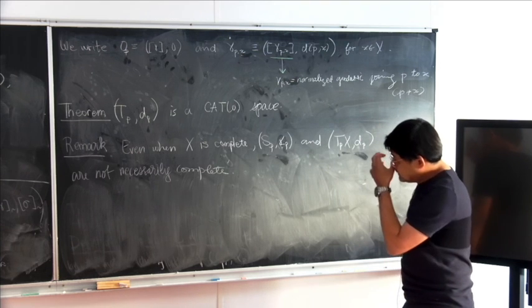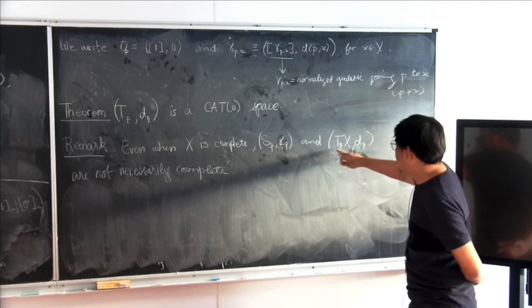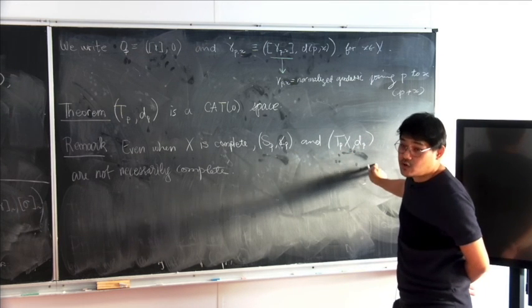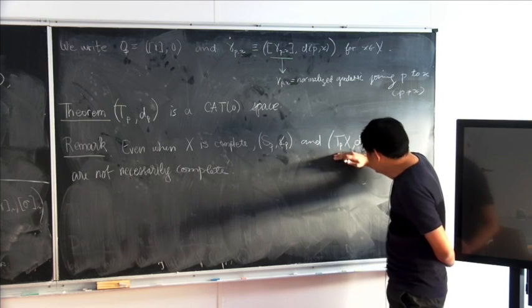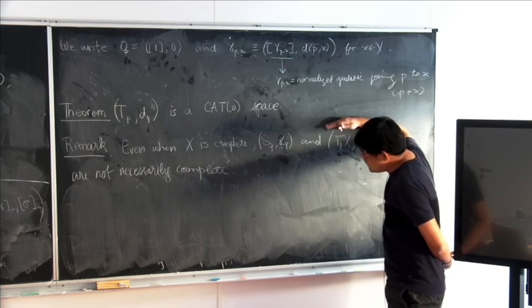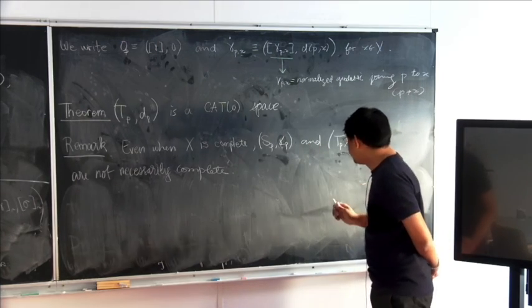Okay, so you will call the final product there the completed tangent cone, because this is not necessarily complete, and if you take the completion here, then you will call it the completed tangent cone.